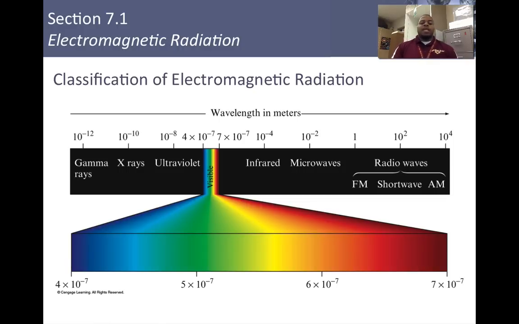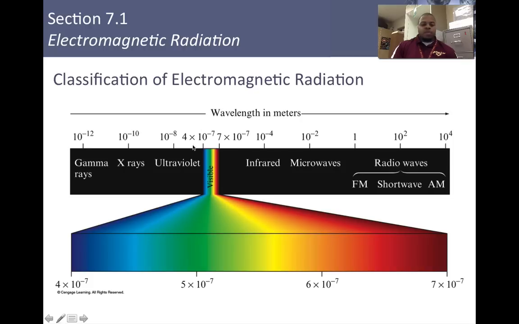This is going to play into how we actually classify our radiation, our electromagnetic radiation. Looking at the shortest waves coming down here to the end of the spectrum, our gamma rays having very, very short wavelengths, but very, very high energy, moving all the way down to our radio waves, which will have much longer wavelengths, much lower energy.